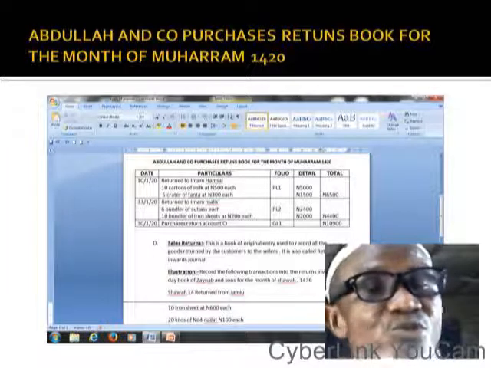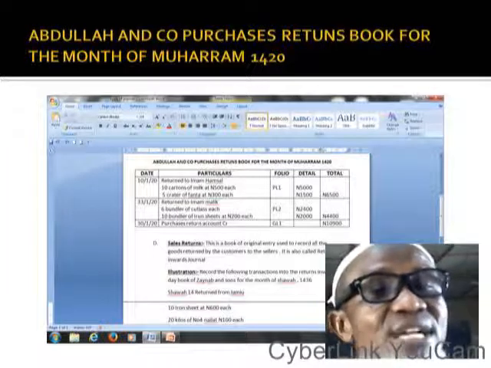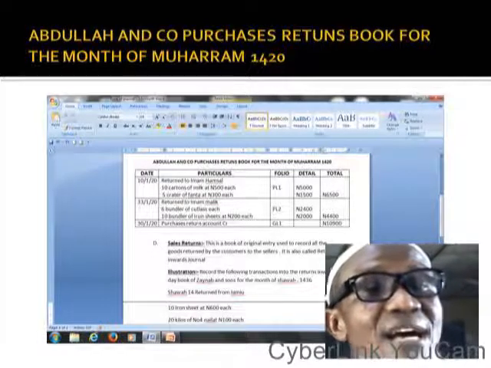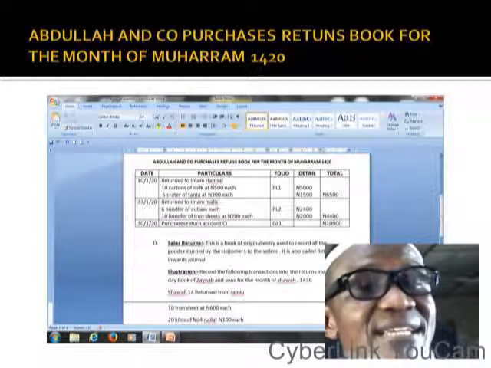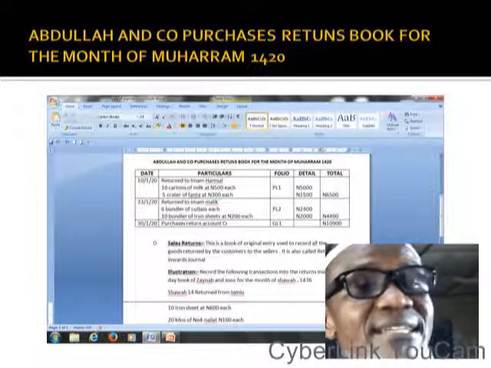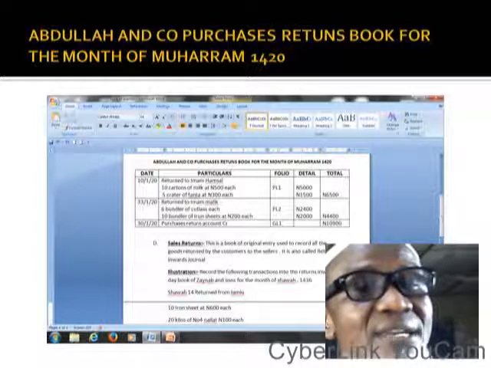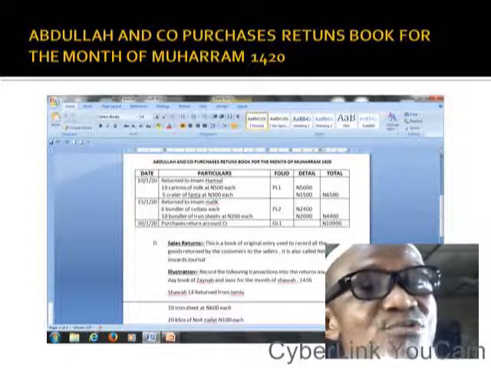You add the two together to get your total number of goods returned, then the total amount of money that you are going to get back, because those goods have been returned.